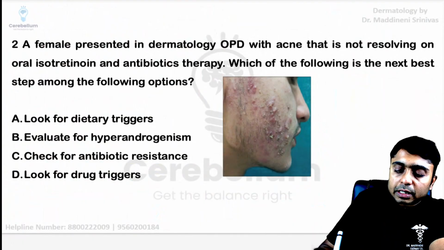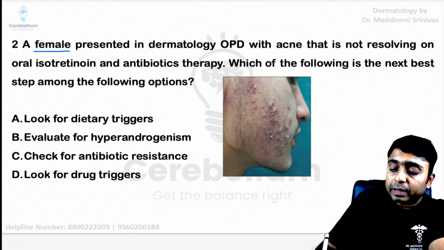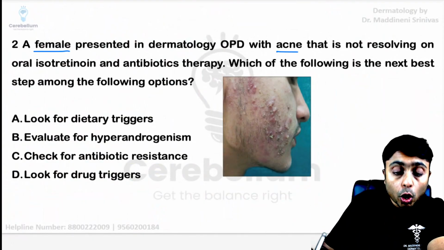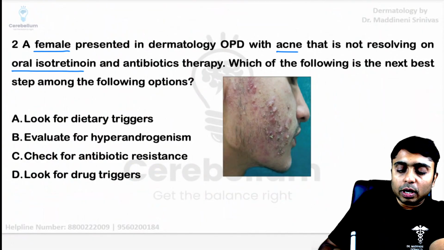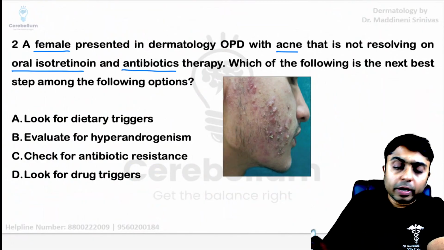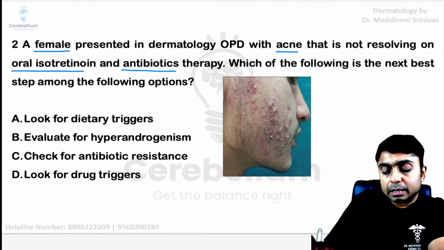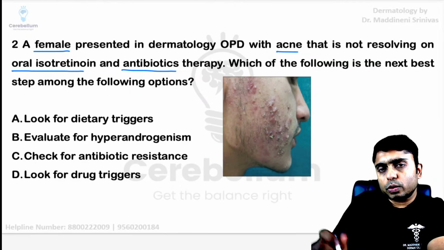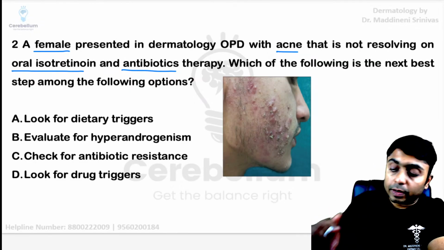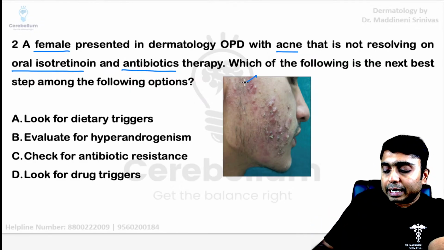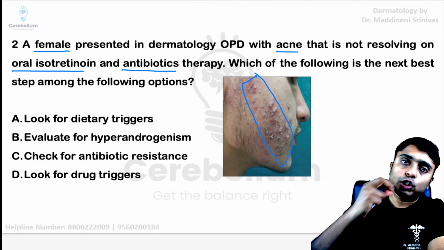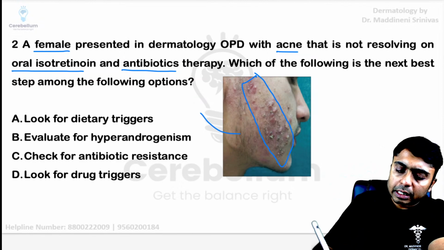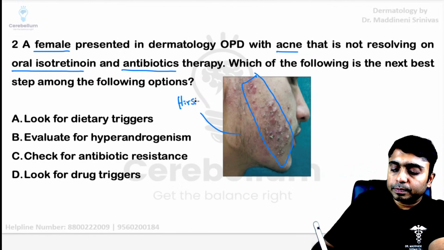A female presented to the dermatology OPD with acne that is not resolving with oral isotretinoin and antibiotic treatment. So which of the following is the best step out of the following options? If you look at the image carefully, you can notice that the acne lesions are predominantly present near the jawline, and of course you are able to see that there is also hirsutism in this female.